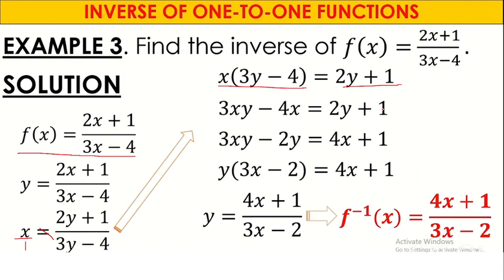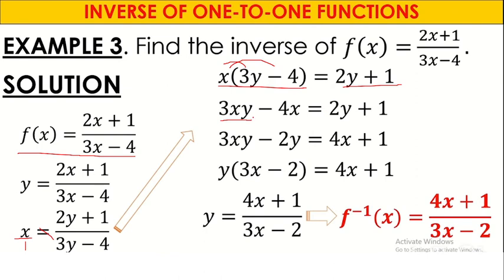Okay, i-distribute sa x times 3y, 3xy, x times negative 4, negative 4x. Then 2y plus 1.